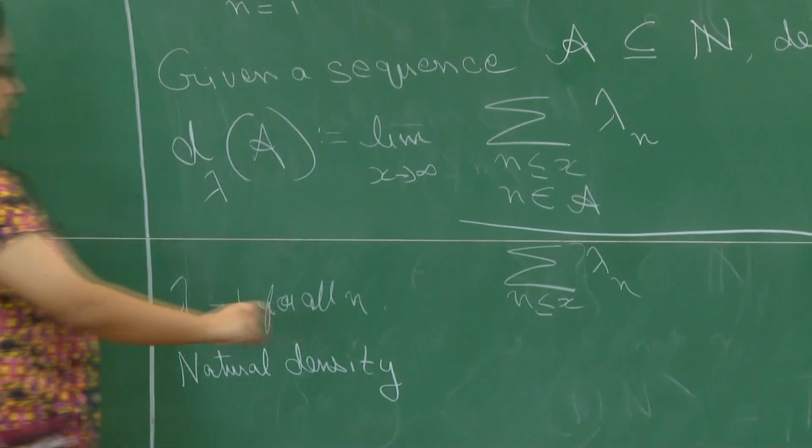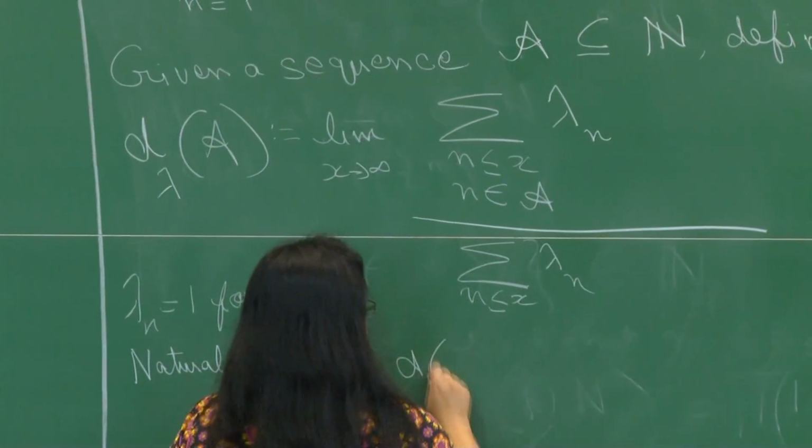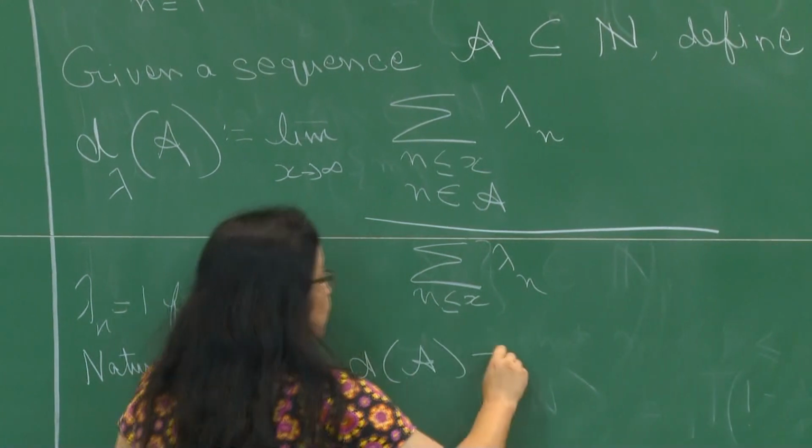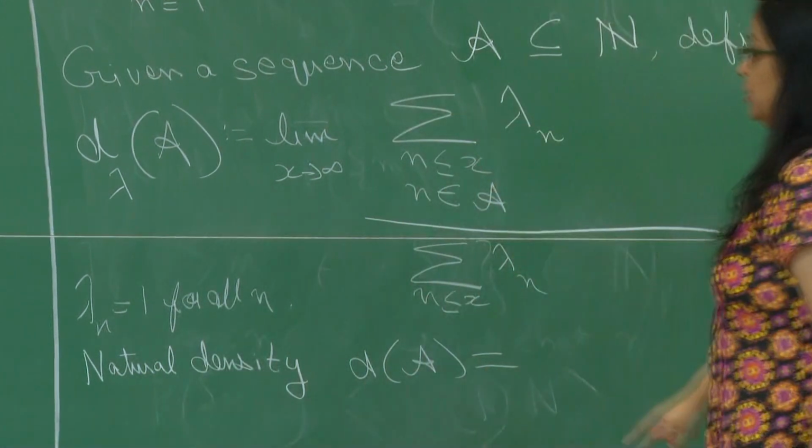So, d of A is just, what does it turn out to be equal to?